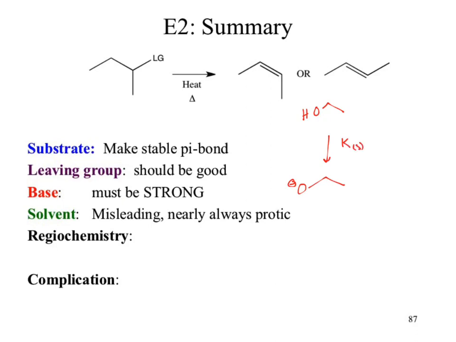It does an acid-base reaction and removes the hydrogen from some of the solvent, but not all. Meaning there is almost always some of the alcohol remaining. Meaning, don't base your mechanism decision for an E2 on the solvent, okay? Because it will mislead you.